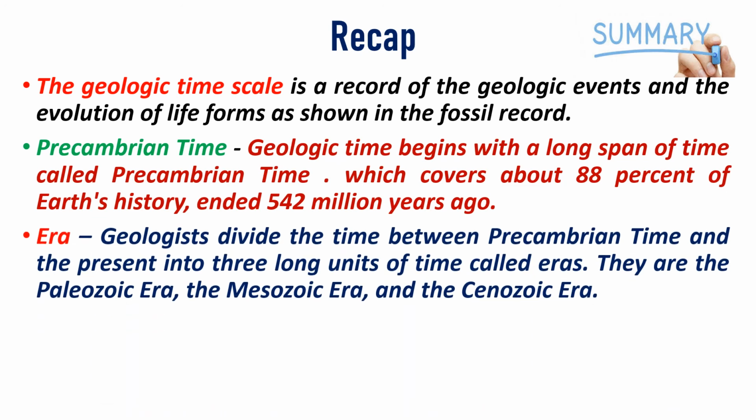Era. Geologists divide the time between Precambrian time and the present into three long units of time called eras. They are the Paleozoic era, Mesozoic era, and the Cenozoic era.